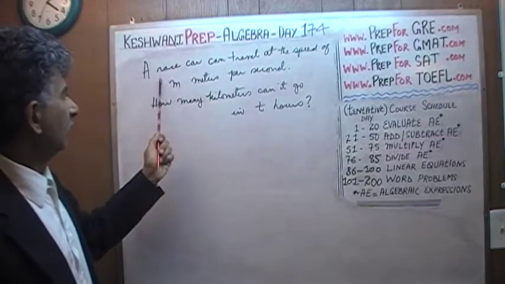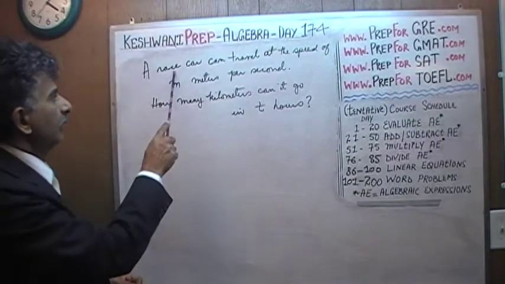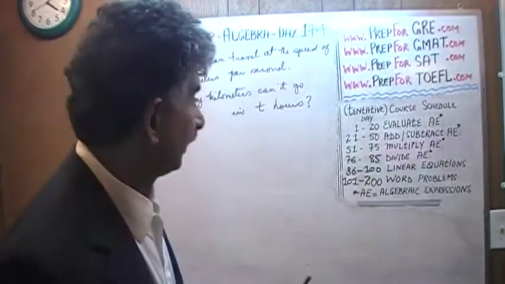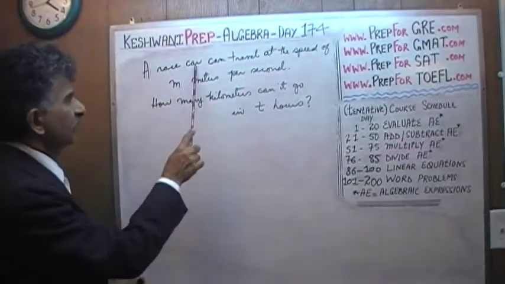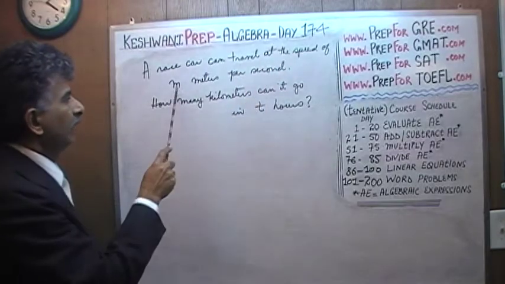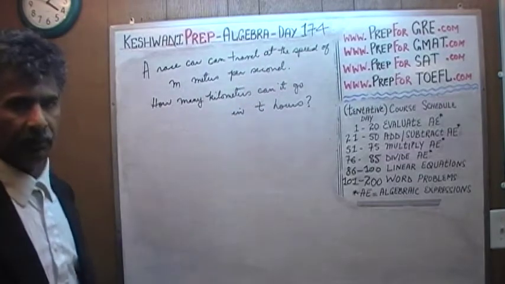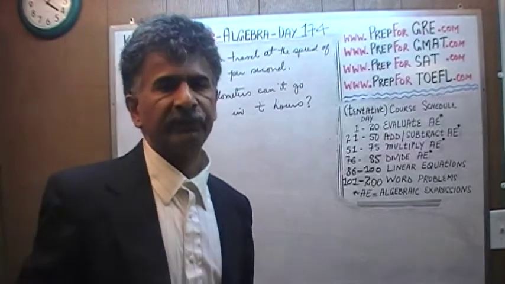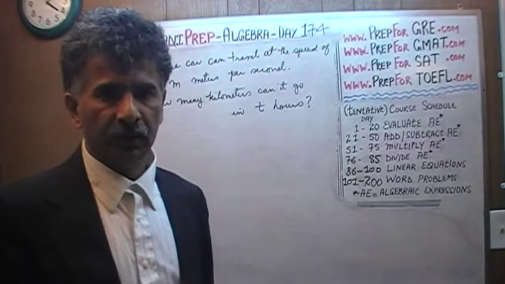It says a race car can travel at the speed of m meters per second. We are told that we have a race car that goes m meters per second. M is some number, obviously, we do not know how much it is.